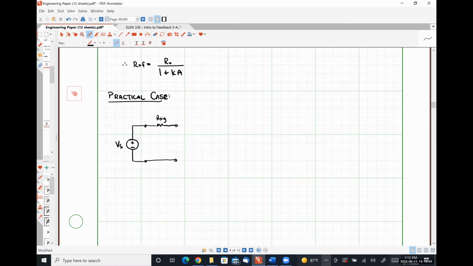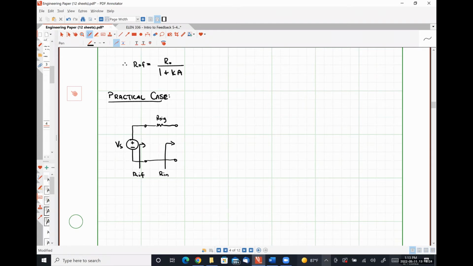So if we're looking in from the perspective of where we just have our voltage source applied, what we see is our input resistance with feedback. But if we're looking in through the terminals of our practical source representation, we are going to see the input resistance of the amplifier portion only.